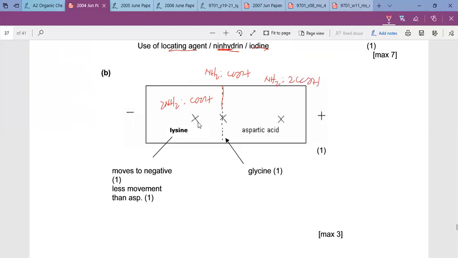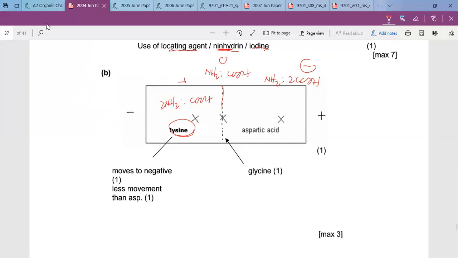So it's negative, is 0, is positive. Now you also say, move less because it's heavier. You can calculate out, move faster. So lysine here. So the mark is given appropriately. Clear? Okay. All right. Now there's another question here.